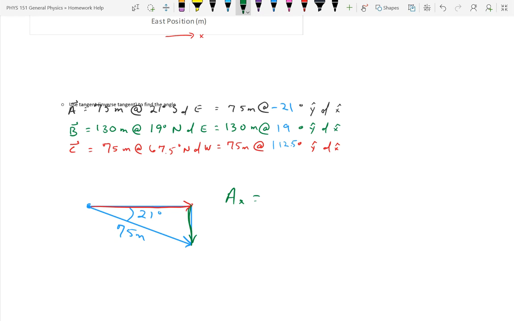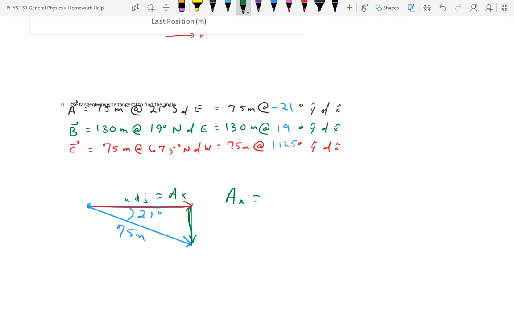It's not just because it's horizontal. It's because it's a side that makes part of my 21 degree angle, and it's not the hypotenuse. The angle I'm looking at is always between the hypotenuse and the side that we label adjacent. Since that 21 degree angle is touching the x component, that's what makes it adjacent. Because in my earlier example, the adjacent side was the vertical. So this here is my adjacent side, and that's my AX component.